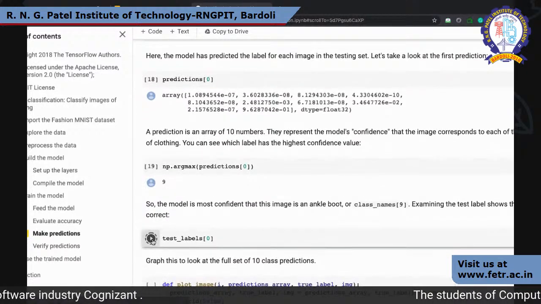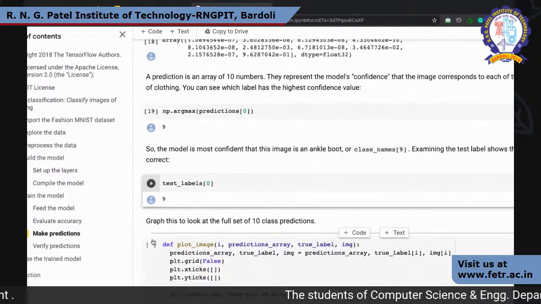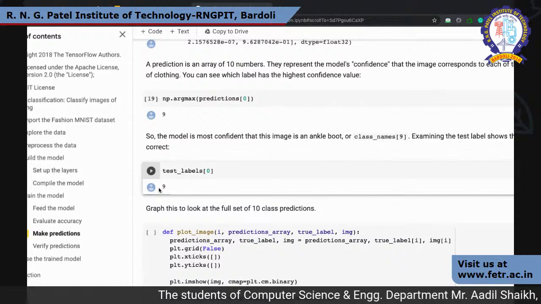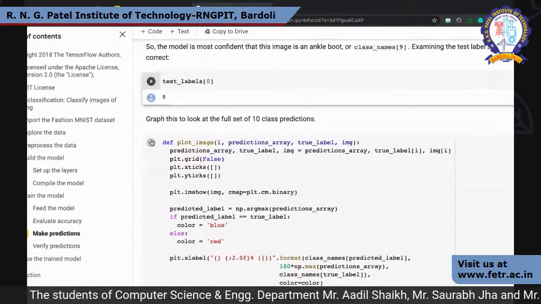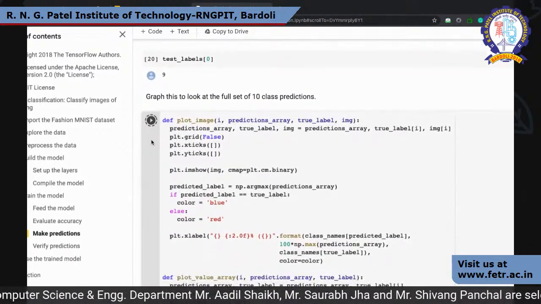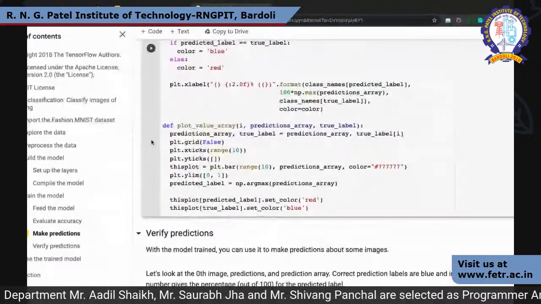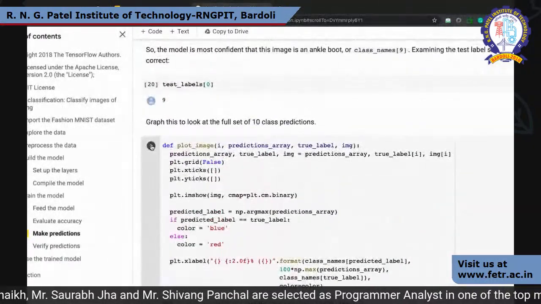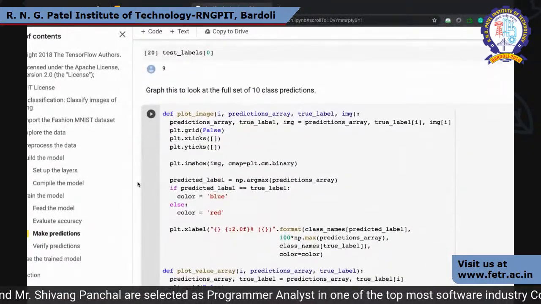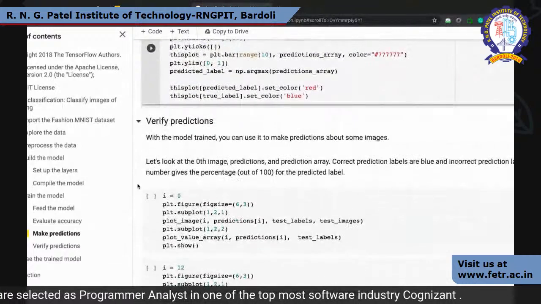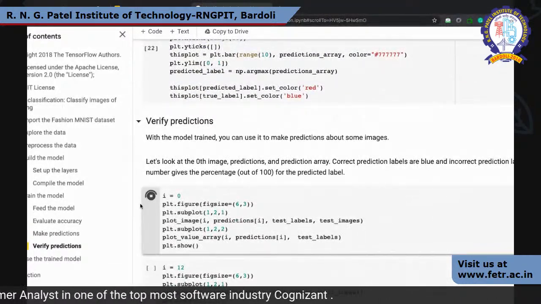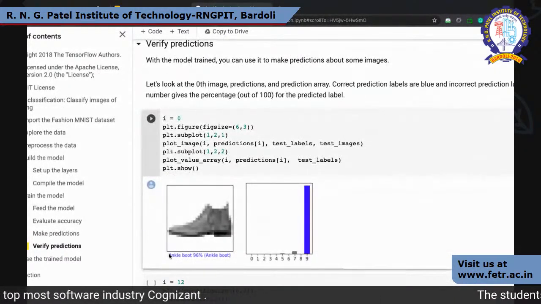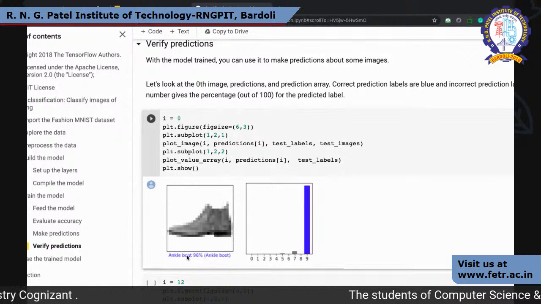If we check the test label, it will also give you the ninth one. And if you plot the image, you can easily see the plot of the image over here, which is 96% ankle boot.